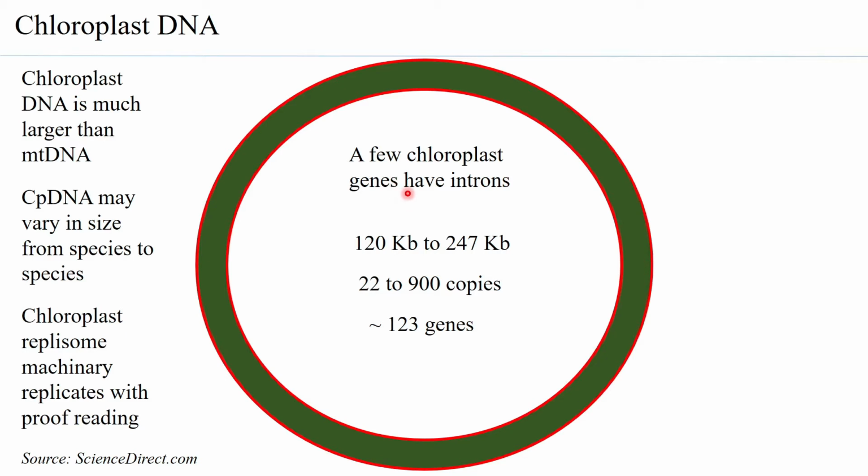So the connection between having evolved from prokaryotes and prokaryotes not having genes with introns holds true here. Where you find that chloroplast genes have introns, this spikes interest in how the chloroplast DNA has genes with introns if it has come from a cyanobacteria.